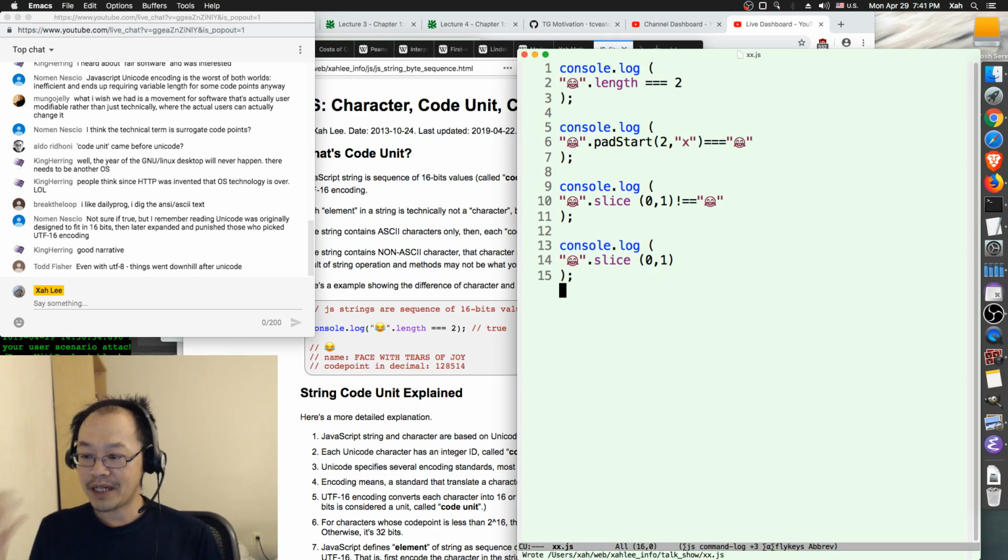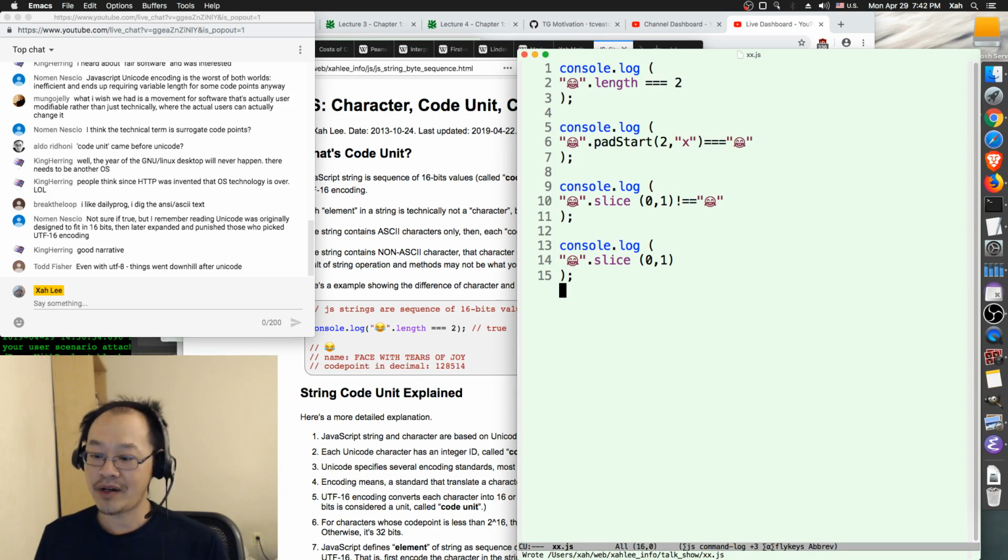But anyway, back to JavaScript and UTF-16. JavaScript strings are technically defined as a sequence of 16-bit code units. Each 16 bits is a code unit.